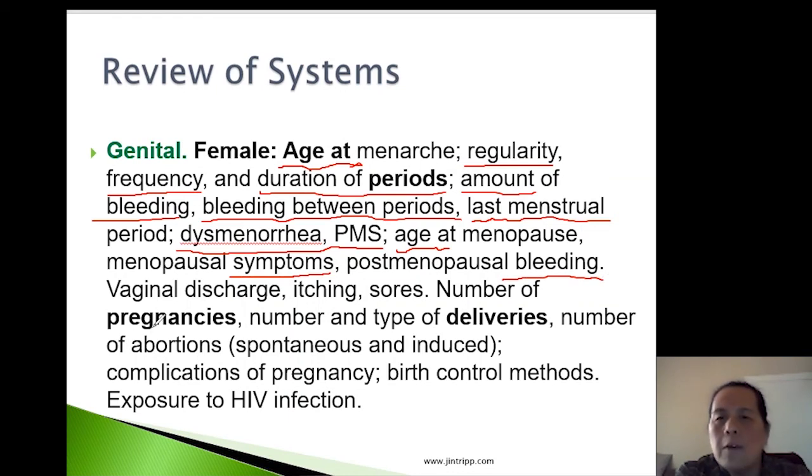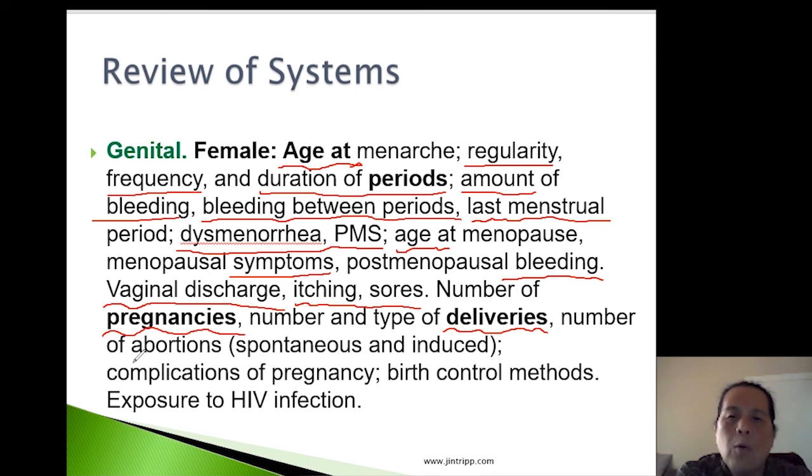And also we ask about discharge, or maybe some itchiness in there and sores in there. And also questions about the patient's pregnancy history. How many times pregnant? And how many deliveries?